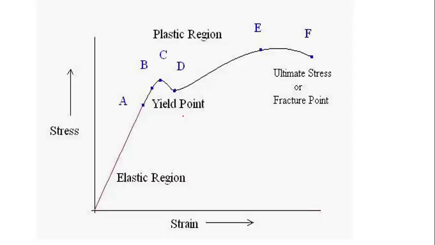Now Young's modulus. We have stress and we have strain. If we write stress upon strain, this is denoted by Young's modulus, capital E, which is also known as modulus of elasticity. And this is the stress strain curve.